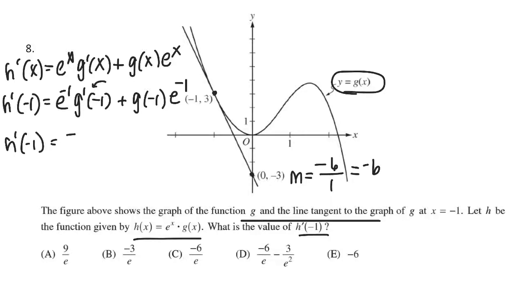So I have negative 6 over e, because that negative exponent means reciprocal, plus g at negative 1. Well, that's just this ordered pair right here. So g at negative 1 is 3. So I have 3 over e. And now we can combine our like terms, and I have negative 3 over e. So my correct answer should be B.